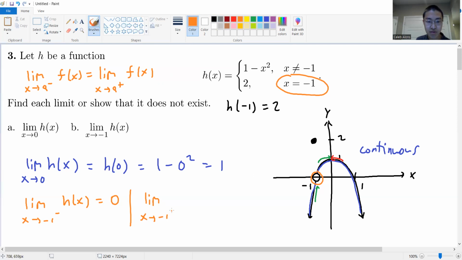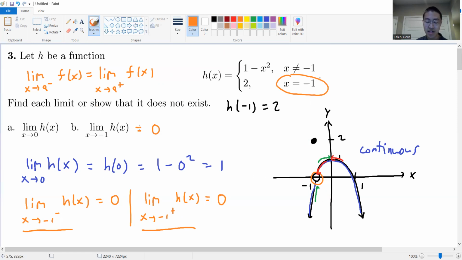So x goes to -1, but this time from the right. What are we approaching? If I'm approaching the x value -1 from the right, I'd be coming down and still approaching as if I were going to hit the x-axis. In other words, a y value of 0. And so we see that the left-handed limit approaches the same thing as the right-handed limit. And since they approach the same exact thing, this shows that this limit exists and it equals 0.